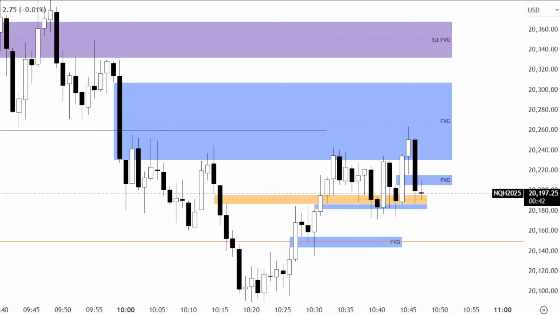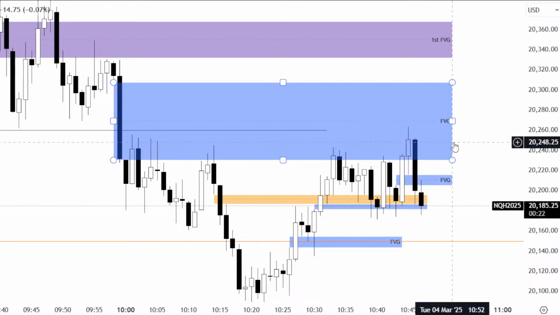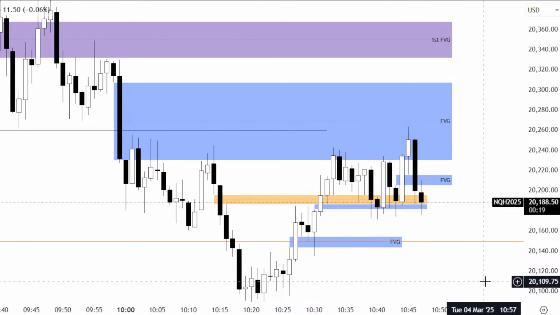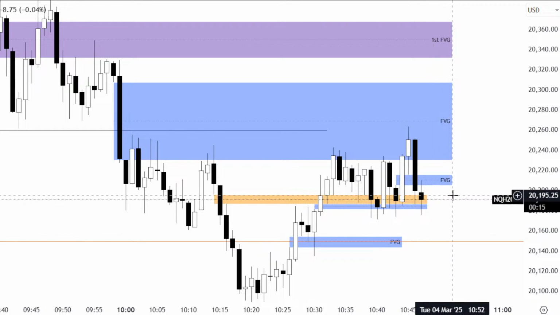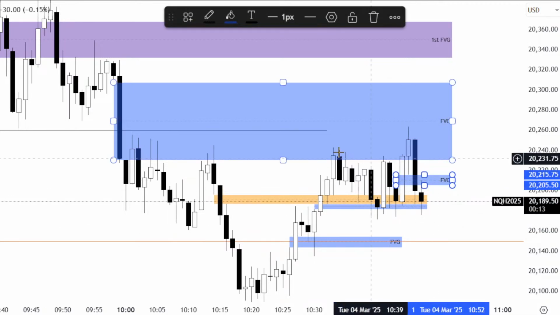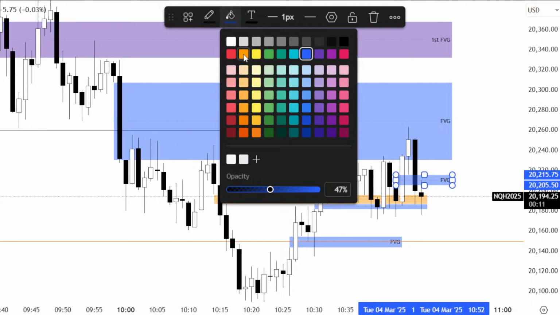Yes, at last, TP hit. Okay, so this liquidity's been taken now, and this little fair value gap literally turned into a little IFVG here.